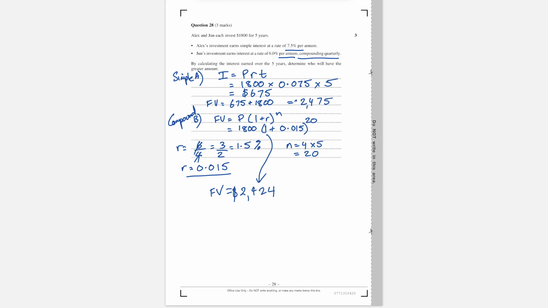We want to make sure that we're comparing apples to apples. So these are our final two numbers. Who's going to have the greater amount? Well, we can see that simple interest, 2,475, is greater than 2,424. So simple interest gives the greater amount.